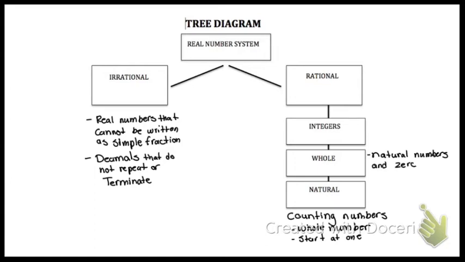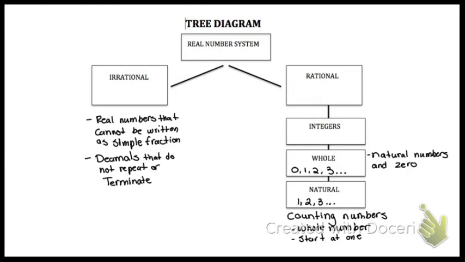Just to give you an example, with whole numbers we have 0, 1, 2, 3. Let me step back to show you an example of a natural number, which is nothing but 1, 2, 3, and so on. It's the same thing, it's just that whole numbers begin with 0. So anytime you see 0 in there, it falls under the category of a whole number.